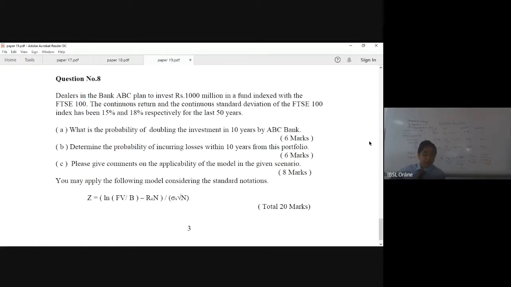Part A of the question: what is the probability of doubling the investment in 10 years by ABC Bank?